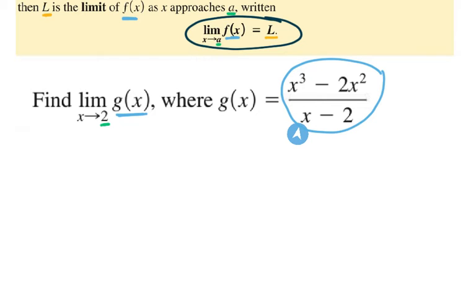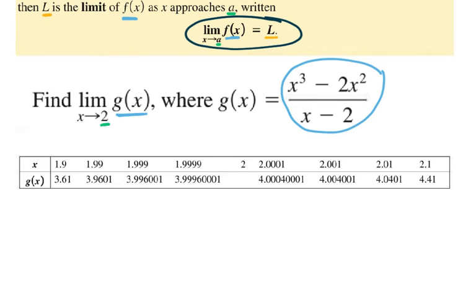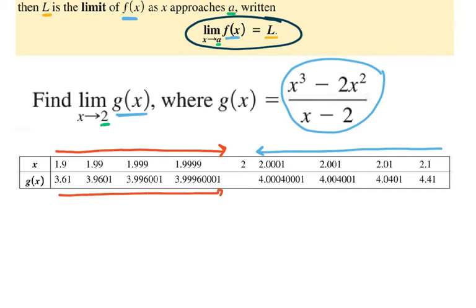Of course, we can use the same strategy we used in the last video where we make a table. If we make a table, we're going to look at values approaching 2 from the left and approaching 2 from the right. And as we approach from the left, we see our y values getting pretty close. I would round that, if my calculator gave me that, to 4.